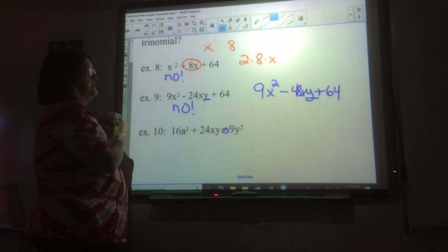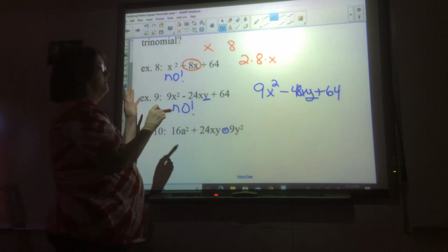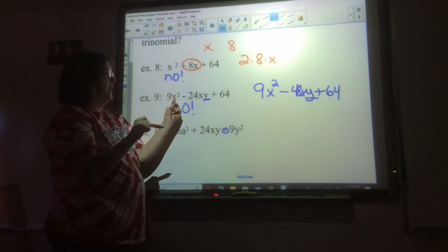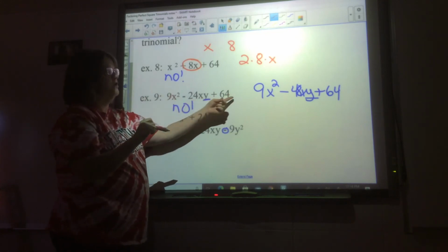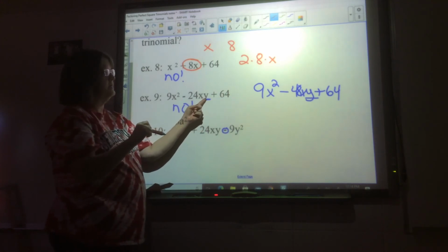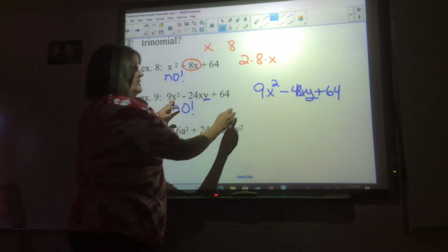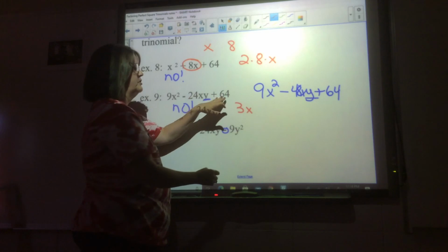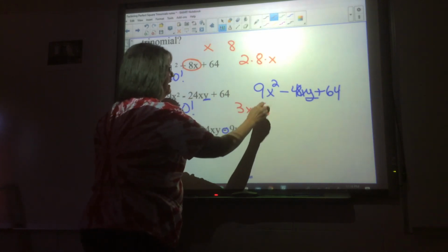All right, let's take a look at this one. Now, notice right away that this has got an x, and this has got a y. There's no y here. This is not a perfect square trinomial simply because this y creeps in here. If I were to square root 9x squared, I get 3x. If I were to square root 64, I get 8.